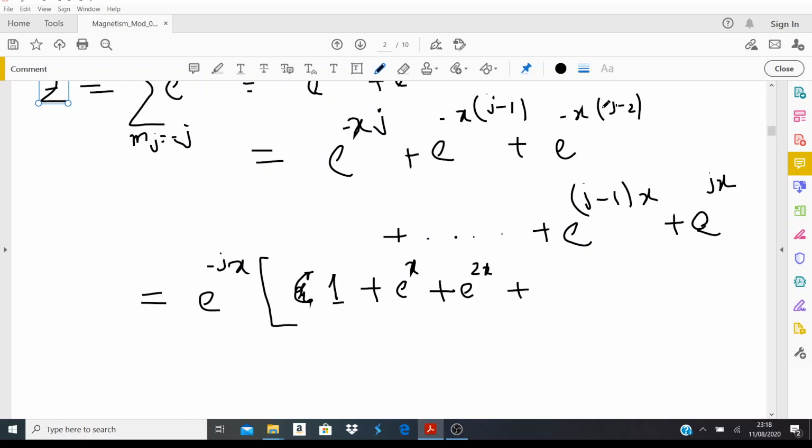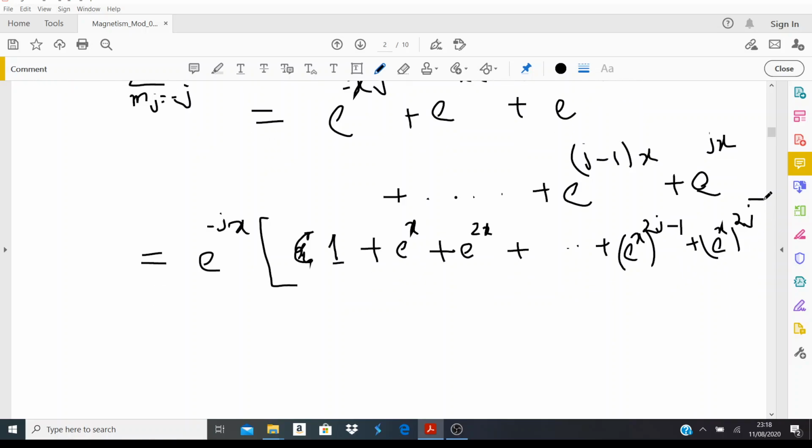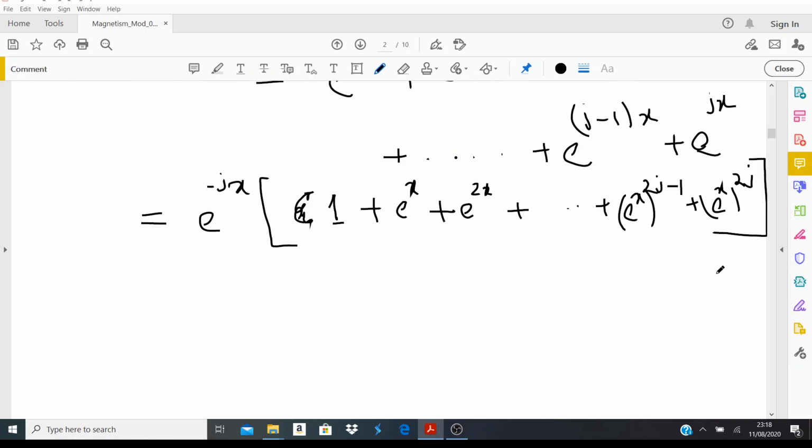Because you have 2x here, and you're taking out this jx factor. In the term just before the last term, you will have e to the power x times 2j minus 1, and the last factor will be e to the power x, in the power is twice j, right? That's the kind of series we are looking at.